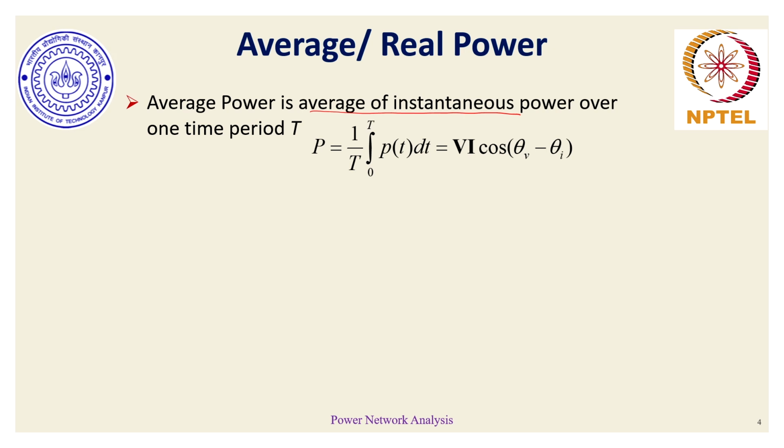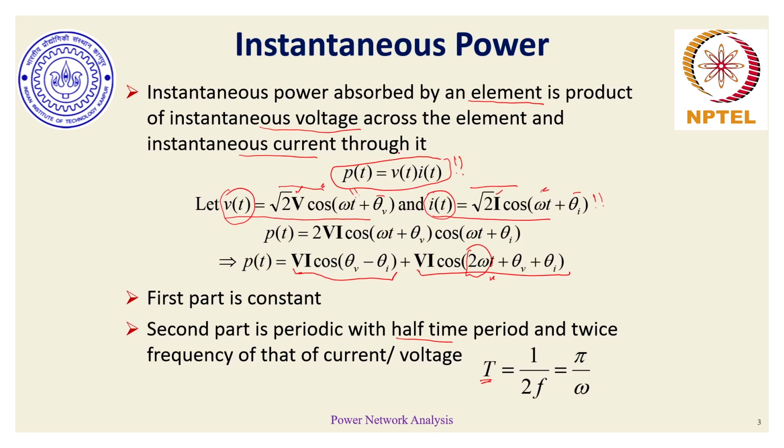So if we take the average of this instantaneous power p(t), which has two distinct terms, one is the constant term, whereas the other is the time varying function, and again this time varying function is a sinusoid which is periodic, with time period being half of the actual time period, and it is also symmetric along the time axis, which if we consider to be the x-axis.